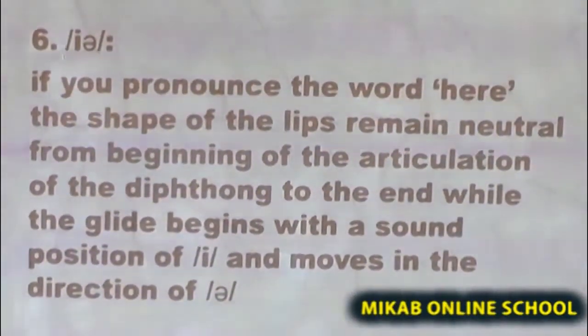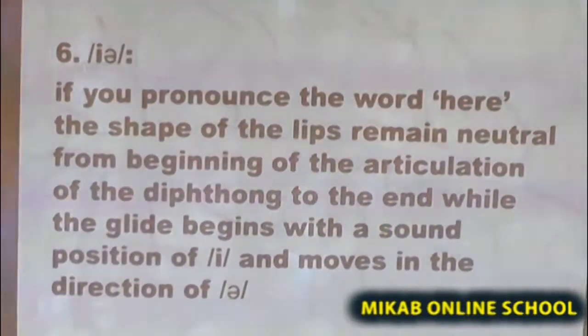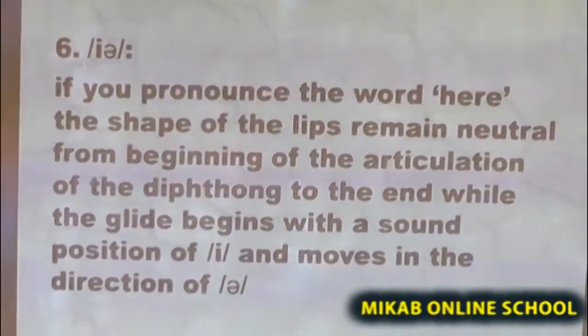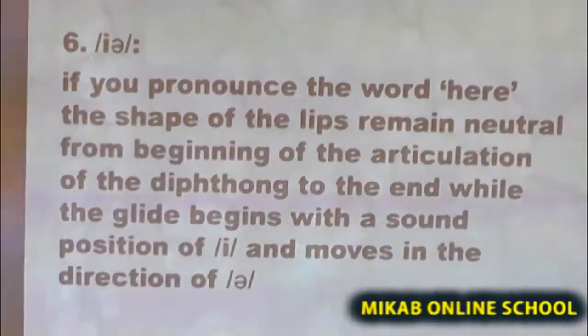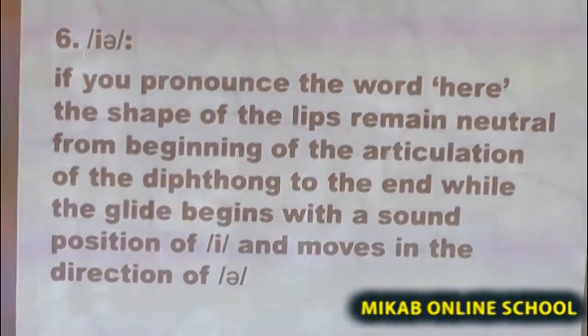Now, if you pronounce the word here, the shape of the lips remains neutral from the beginning of the articulation of the diphthong to the end, while the glide begins with one sound position and moves in the direction of the other. If you want to transcribe these two words, they are transcribed exactly the same way, but they mean different things.